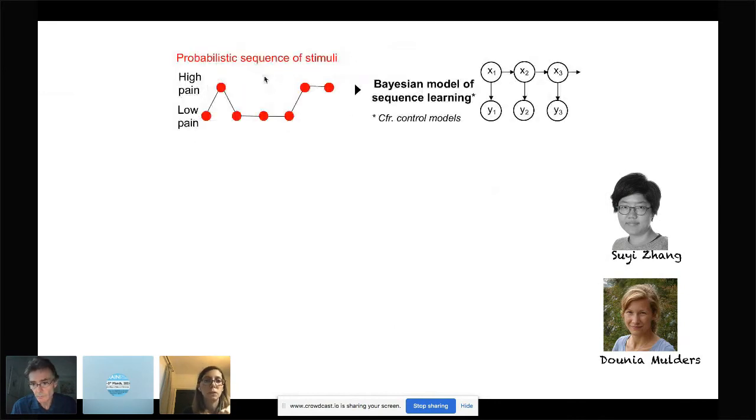So I'm using simple stimuli, low and high pain, delivered in a sequence, and this sequence is probabilistic. I apply Bayesian models of sequence learning to check whether participants are able to predict forthcoming pain using Bayesian inference.